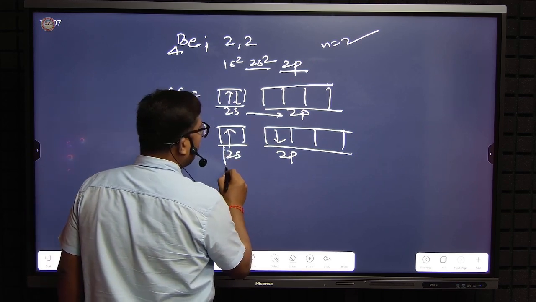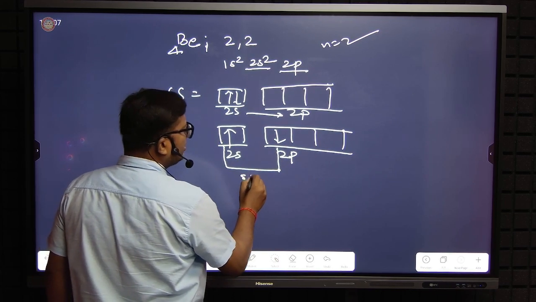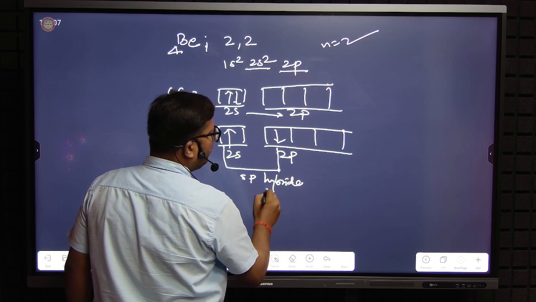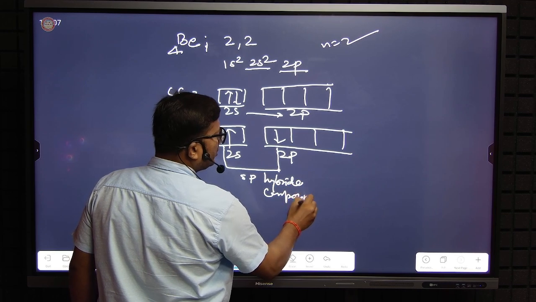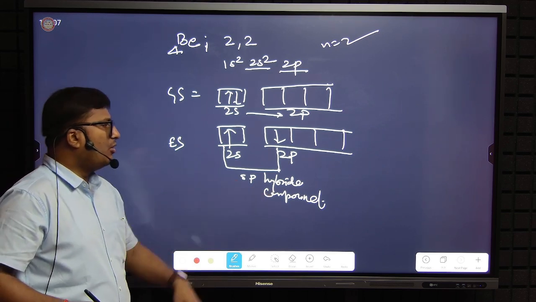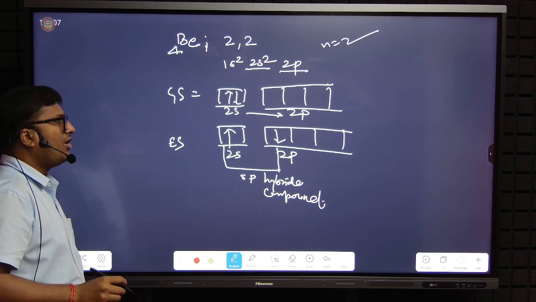The mixing of s and one p orbital forms sp hybrid orbitals, and sp hybrid compounds are formed through covalent bond formation.